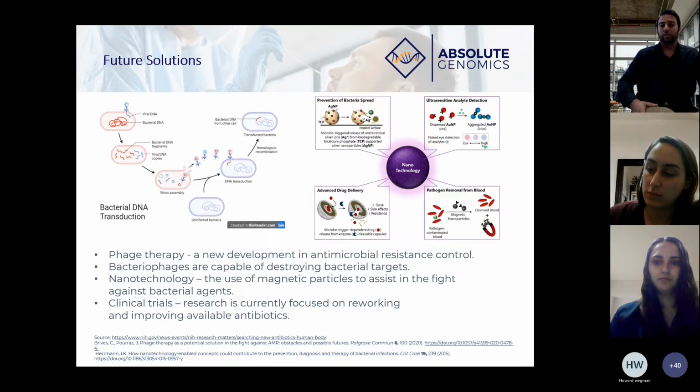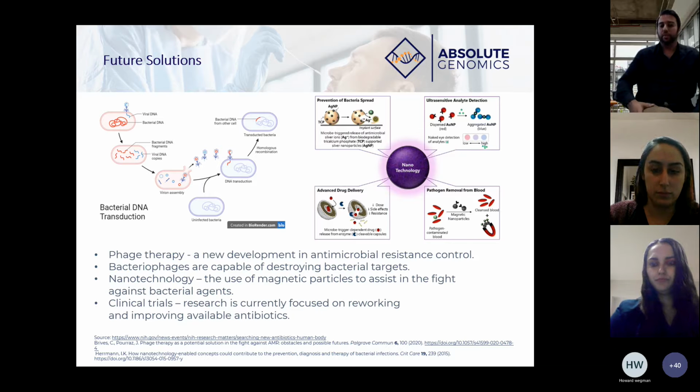Two of the approaches that are very promising, and I can see some of the medications coming to the market soon, in the next 5 years to 1 decade, is phage therapy. Phage therapy is basically a virus, a bacteriophage, that infects a bacteria, and then it can be used against that bacteria.